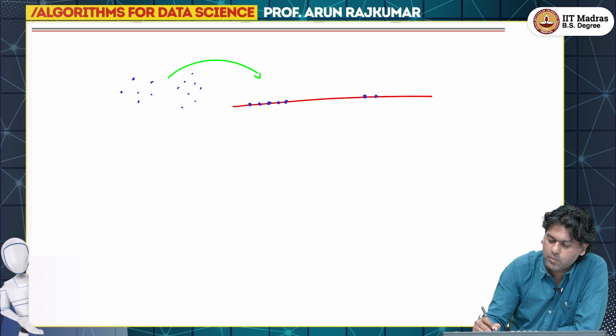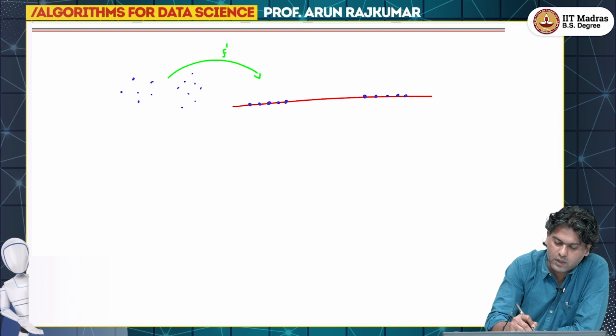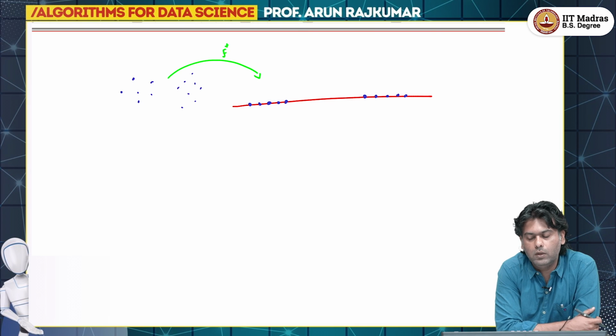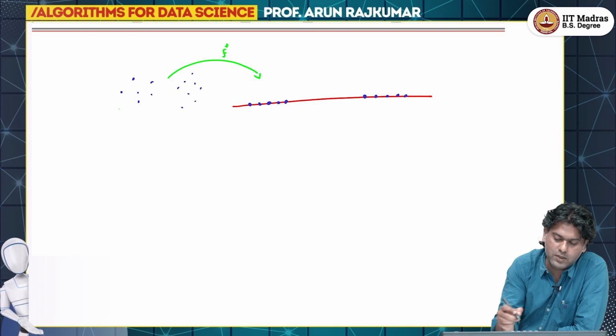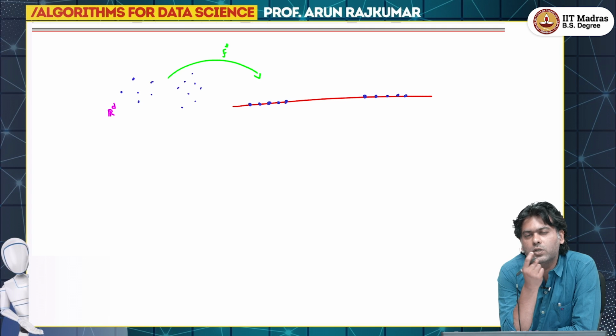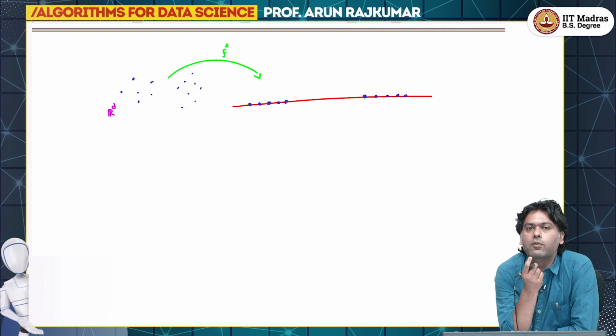This mapping is via our f star, the eigenvector of the second smallest eigenvalue. So it is like a one-dimensional embedding of my data points. The original data points can be in whatever dimension, R^d. One number is enough for me to cluster these data points into 2 clusters.